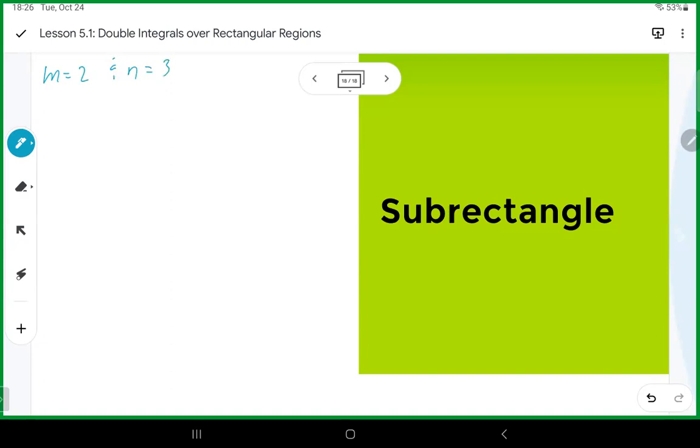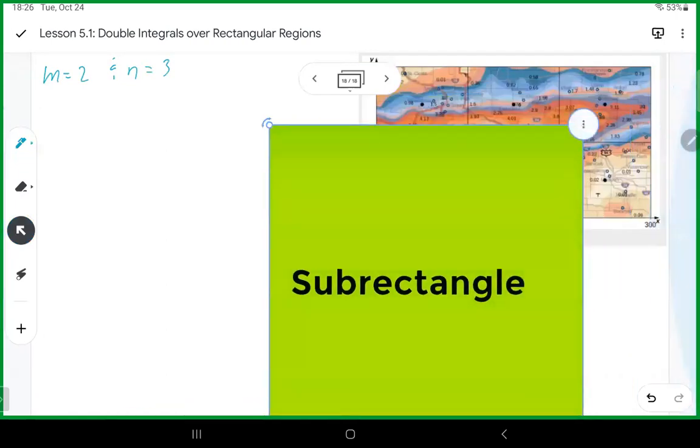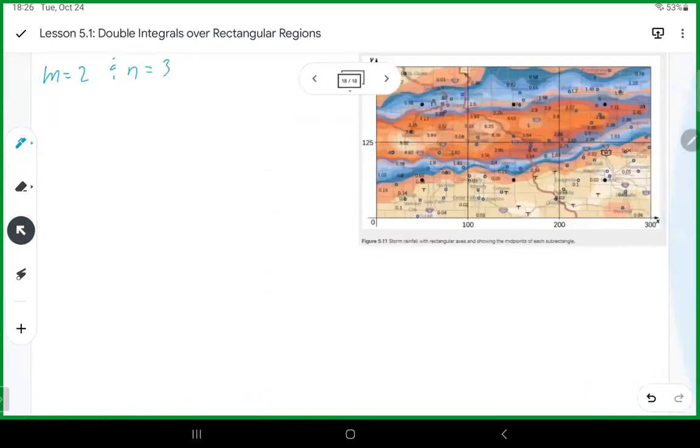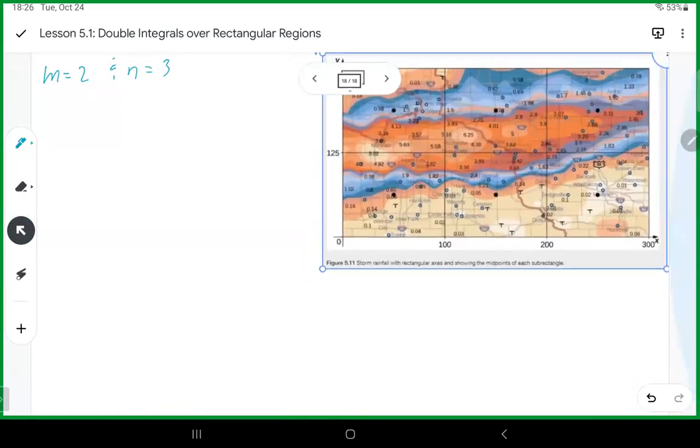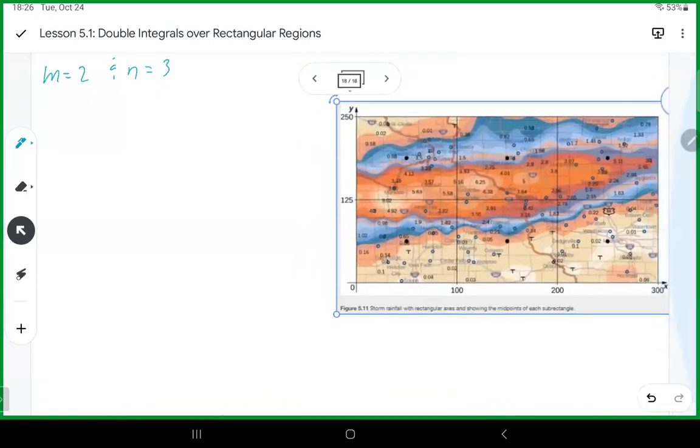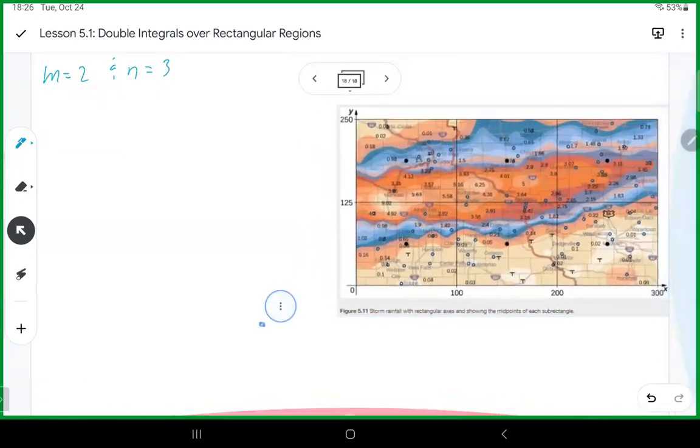I'm going to show you that now. Assume f(x,y) denotes the storm rainfall in inches at a point approximately x miles to the east of the origin and y miles to the north of the origin.